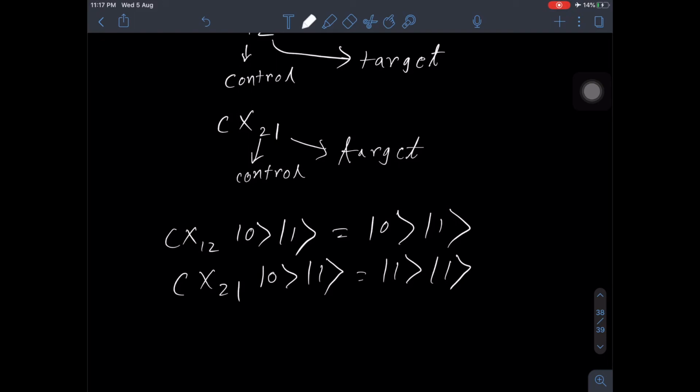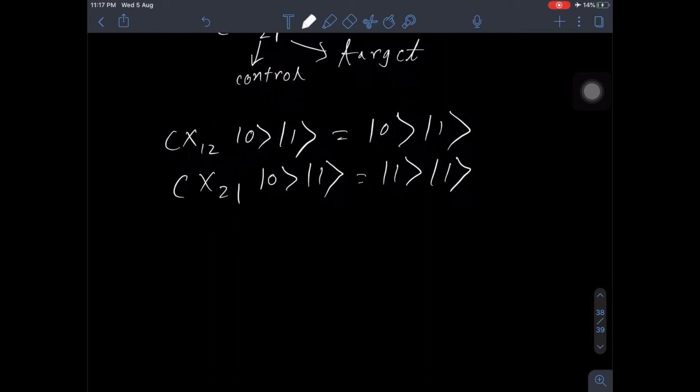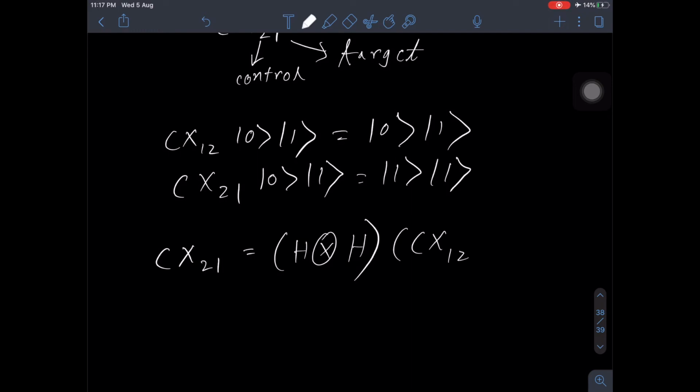All right. But there are some operations which are not achievable by any Boolean operation classically, but you can show that quantum mechanically it is possible. So cx21 can be proved to be equal to Hadamard cross Hadamard, where Hadamard is the gate that we introduced in the last video, and you have this cx12 and you have this h cross h.